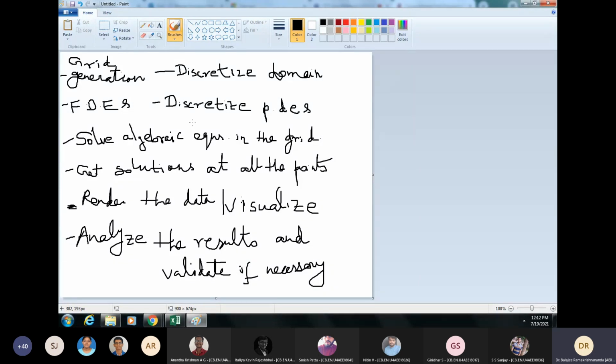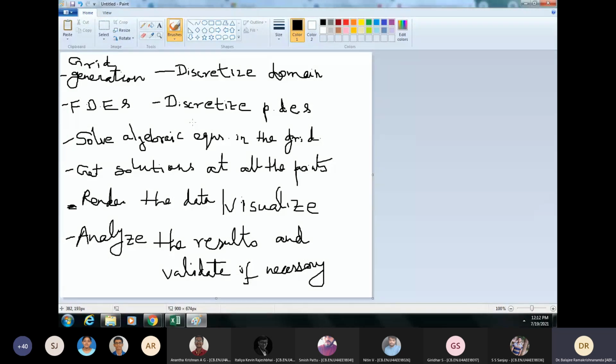Similarly, you think of 2D. For x comma y on a plane, z is equal to something. Say velocity is something, pressure is something, temperature is something. These are usually the variables we worry about. U, V, W are three components of velocity.